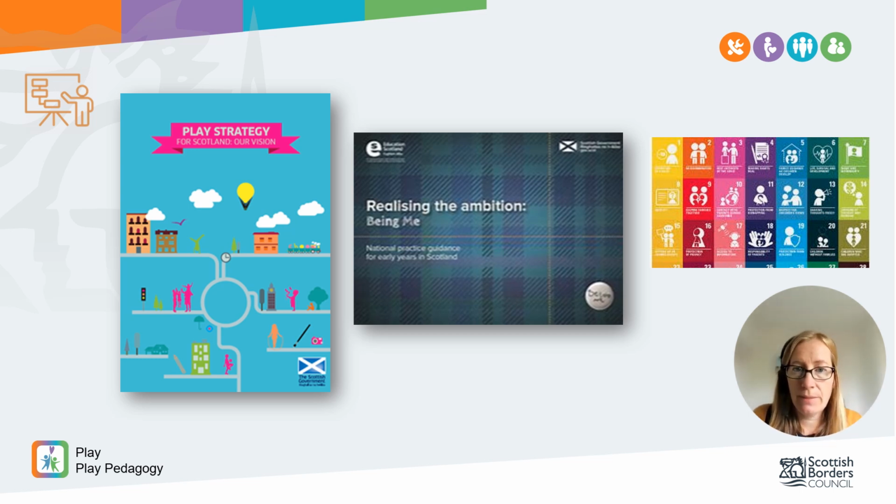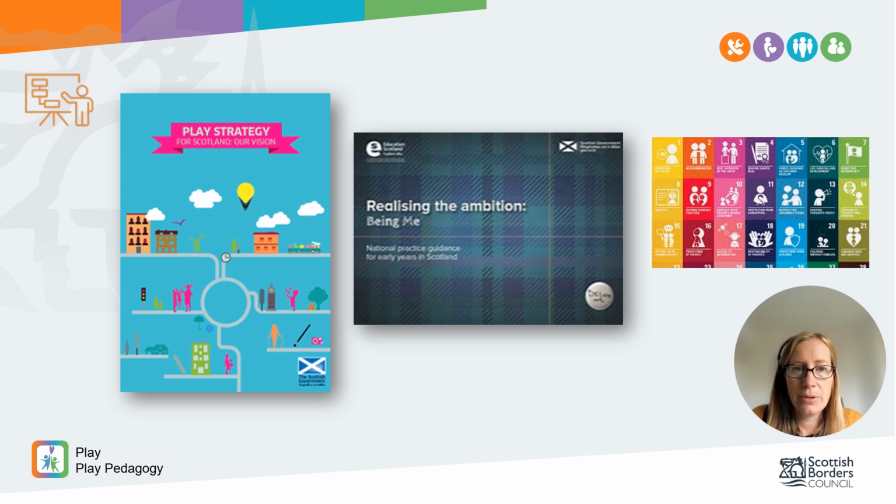Realising Ambition, which was published by Education Scotland in 2020, is Scotland's national practice guidance for early years, and it helps us to ensure a consistency between practice as children transition from early learning in nursery and into primary school.